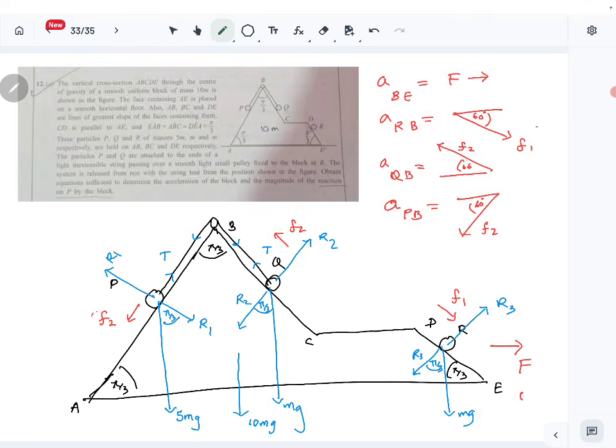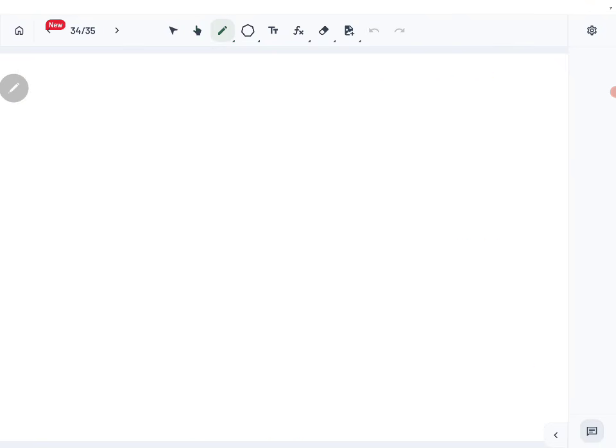Now you have to find for P, Q, and R the accelerations relative to earth. So acceleration of R relative to earth, that is A R B plus A B earth.